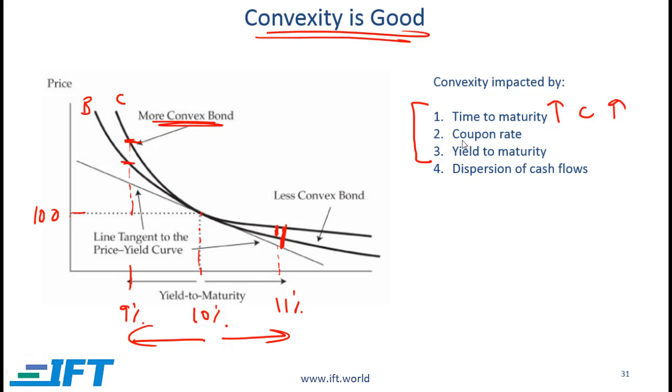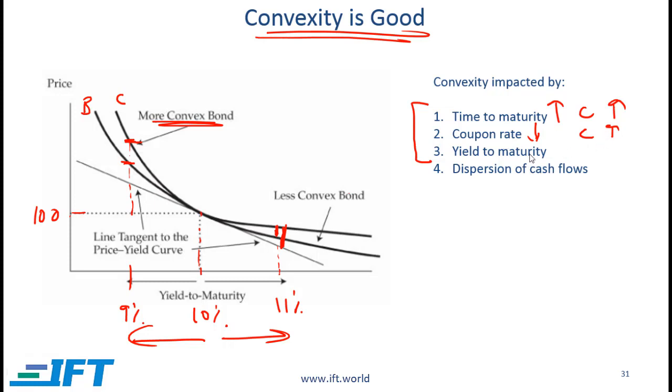With coupon rate, bonds with lower coupon rates, and if we take the extreme example of a zero coupon bond, lower coupon rates meant higher duration, and lower coupon rates also result in higher convexity.